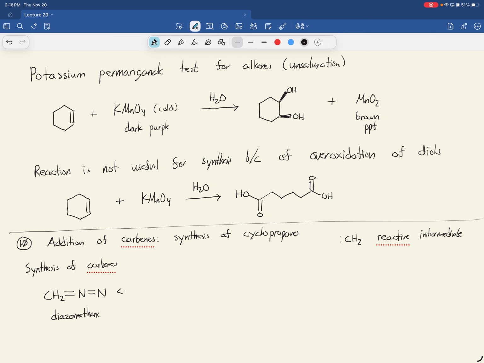But we can have a resonance structure here. Sorry, I should draw all the electrons. Negative charge right here. So you can have this resonance structure, and now you put the negative charge onto nitrogen.